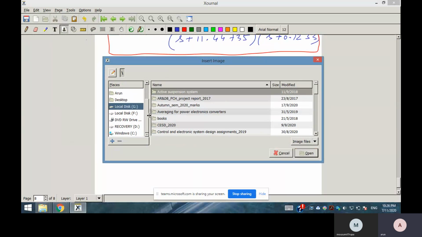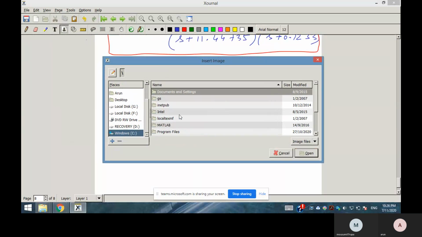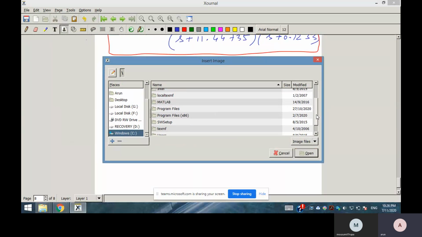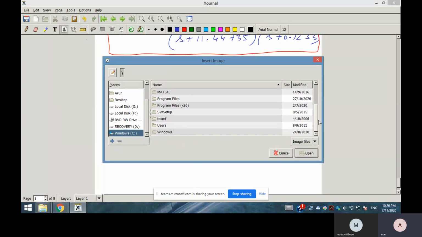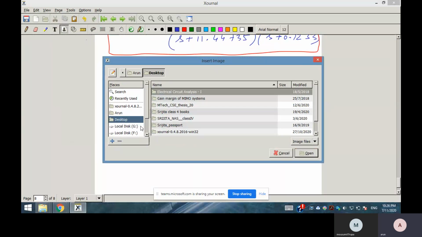So okay, in C drive, the download folder, it is not there. Okay, I can download desktop, and then the download folder I cannot access from here.